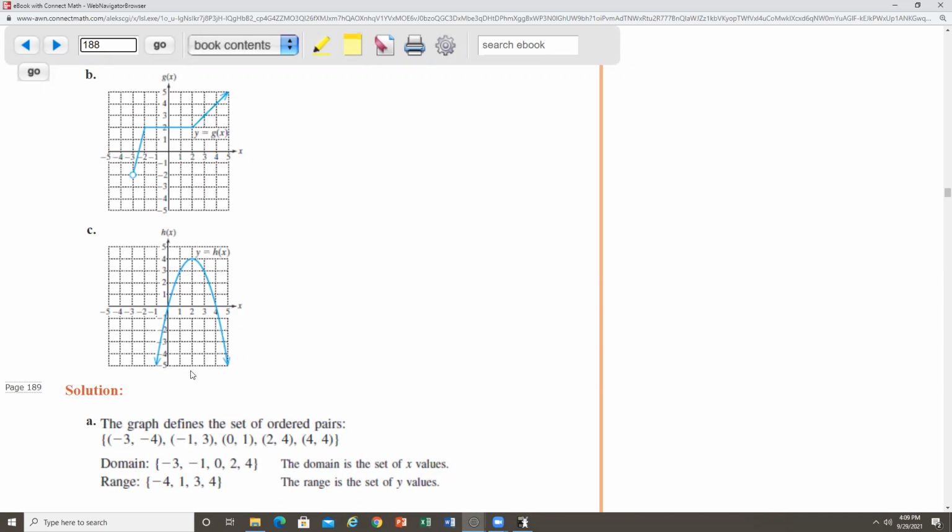So our range goes from negative infinity up to what's the highest or largest y coordinate found for any point on this graph? 4. Positive 4. Do you agree? This point here, (2, 4), is the maximum point on this parabolic graph. It has the largest y coordinate of any point on this graph.